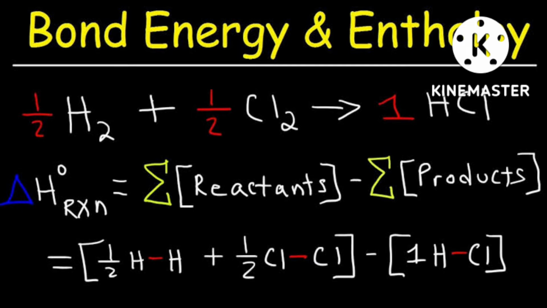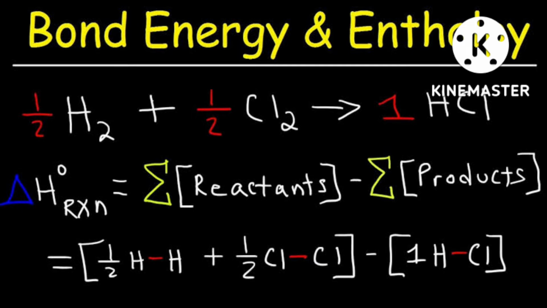Example I have given you, H2. It is H2 gaseous, but all should be in gas. H2 is already a gas, and when it breaks, it will give 2H. When it converts into 2H, at that time it requires 435 kilojoule per mole.